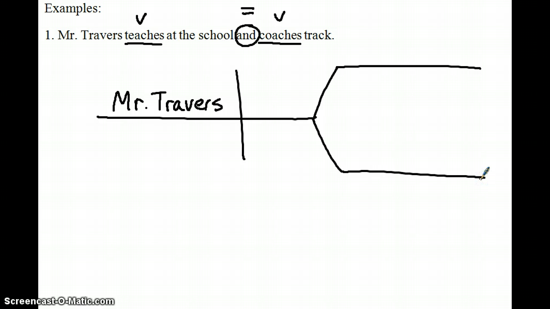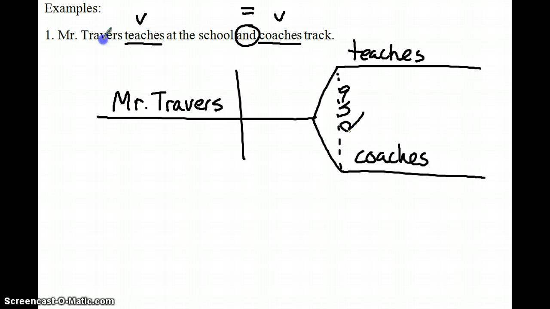He's no longer doing just one. What does he do? Well, he teaches and he coaches. I want to link those two verbs together on a dotted line with my conjunction. Now, I'll cross them off.